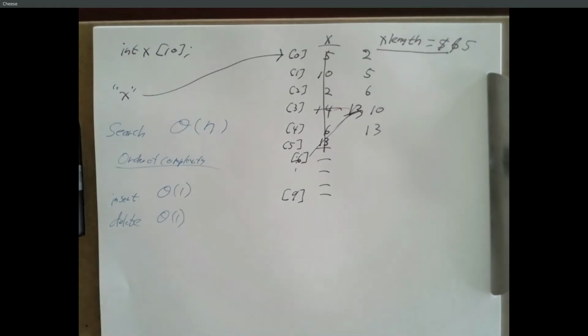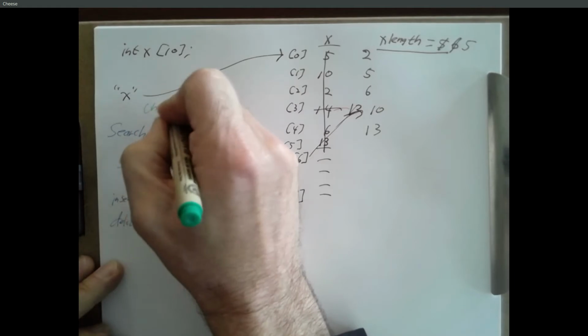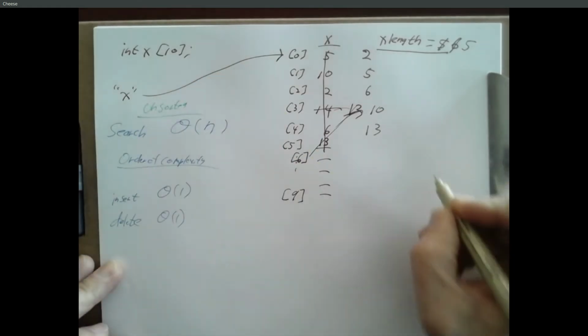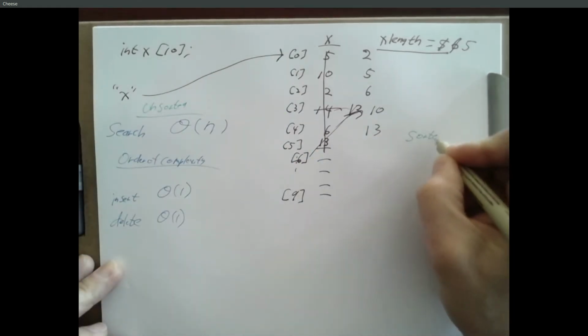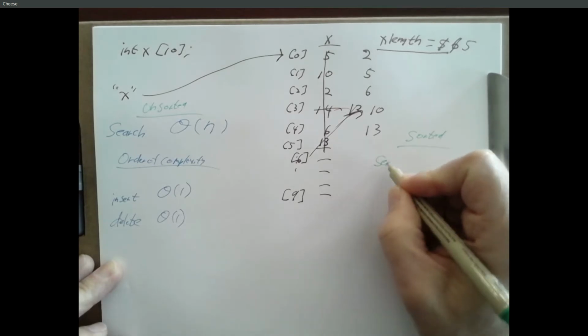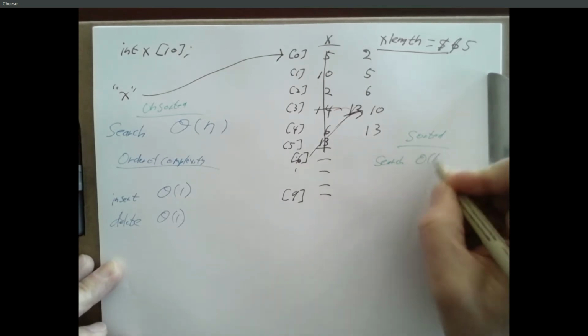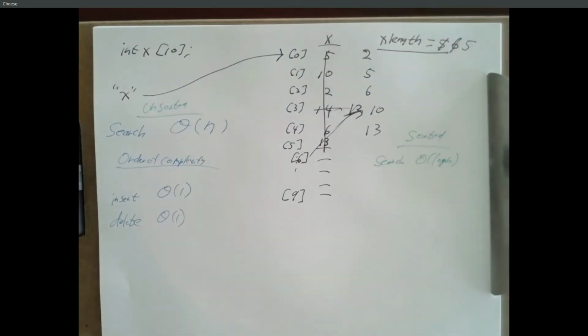So this is unsorted. If we sort, this will turn out to be order of log n, which is really nice efficiency.